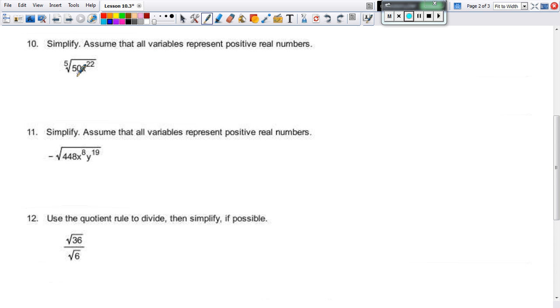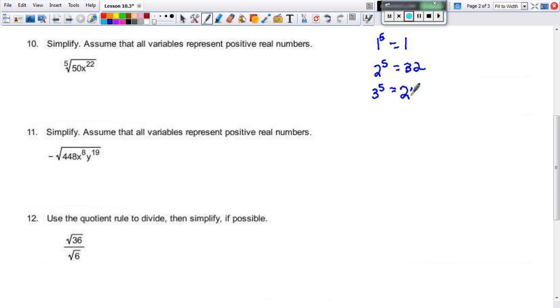Okay, the next one, the 5th root of 50. Well, since it's the 5th root, let me make a list of 5s. 1 to the 5th power is 1. 2 to the 5th power is 32. 3 to the 5th power is 243.